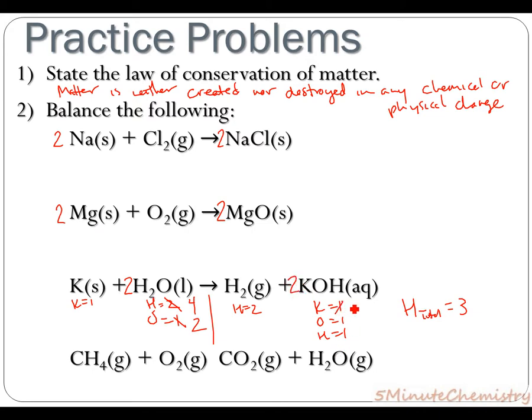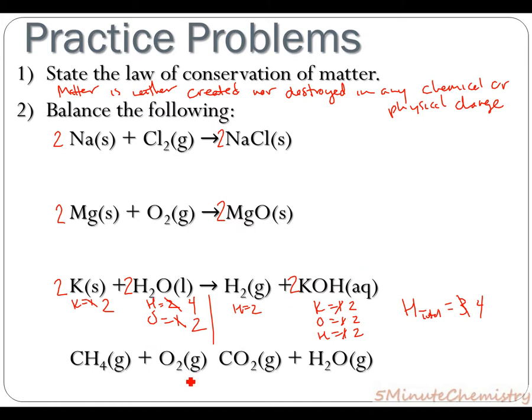This changes all of these to 2 atoms, and I have to update my total of hydrogen. 2 hydrogens here with 2 hydrogens here makes a total of 4 hydrogens. Oh, now the hydrogen is good, the oxygen is good, but I now have too few potassiums on the left. If we add a coefficient of 2, now we have 2 and everything is balanced.